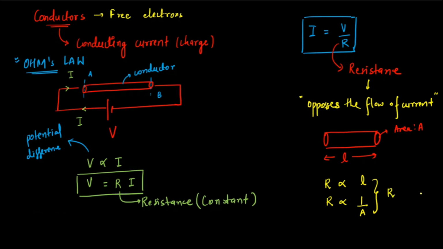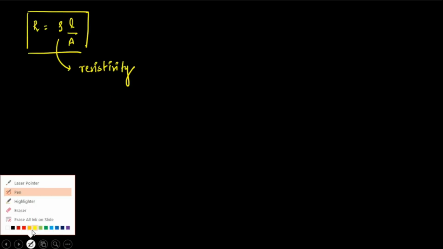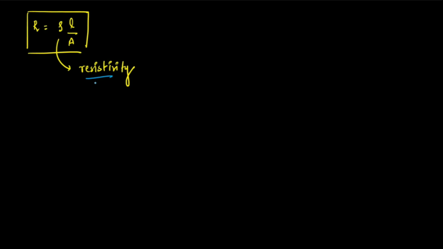When we combine these two relations, we get that resistance is directly proportional to L over A. When we remove this proportionality, we get another constant, called the proportionality constant, which is also known as resistivity. This resistivity is the actual thing which remains constant for a particular type of matter.